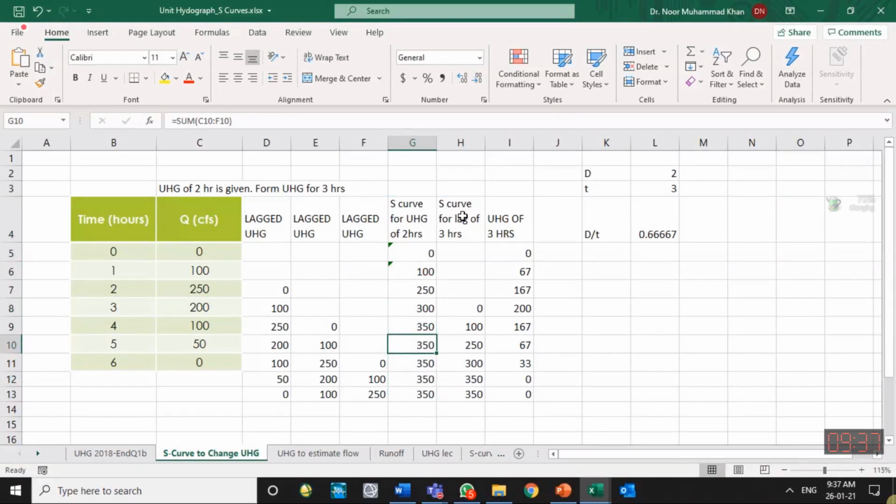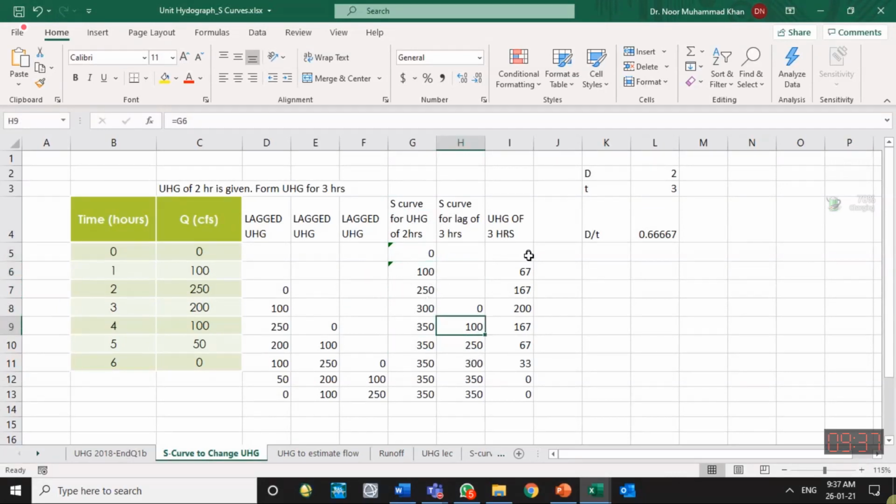Give it a lag, to convert it into a 3 hour unit hydrograph, give it a lag of 3 hours. So now these three parts are left empty, and we are writing these ordinates over here, 100 over here. So this is the lagged S-curve.